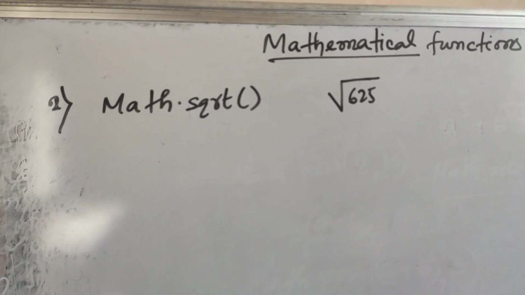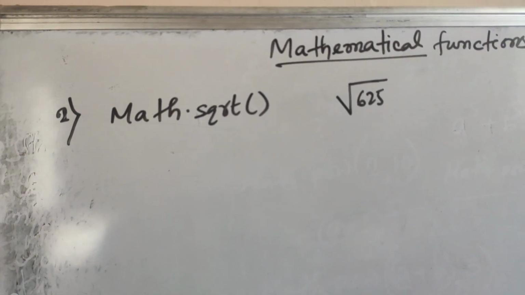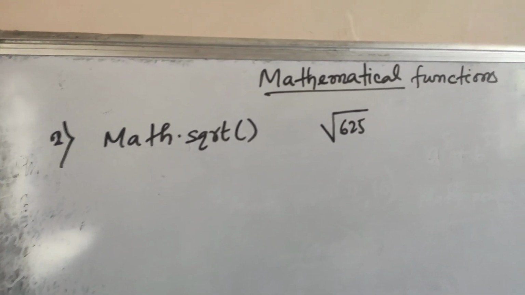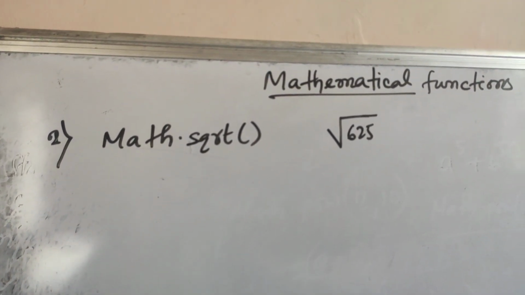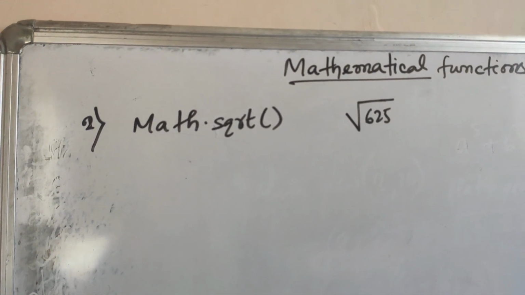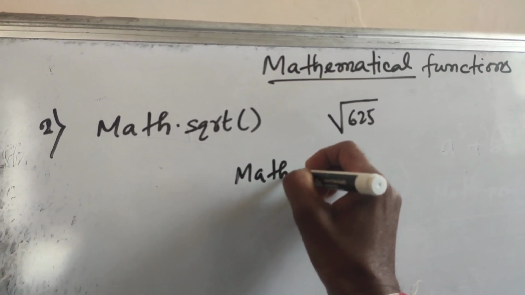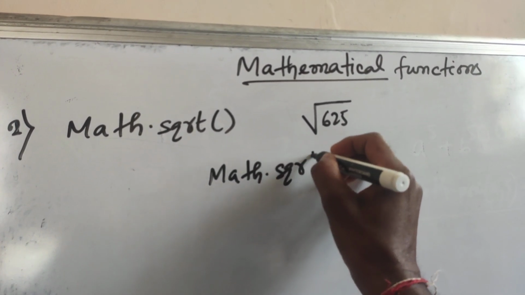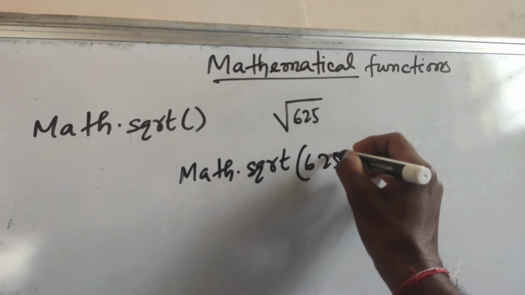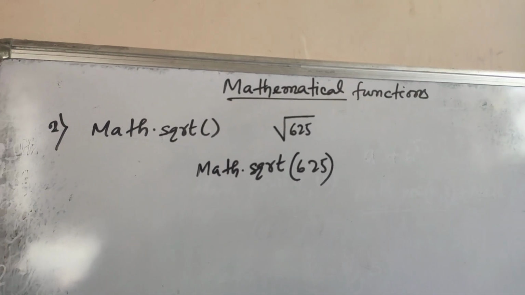Math.sqrt of 625, this way you need to write.